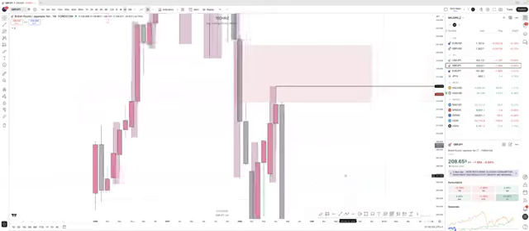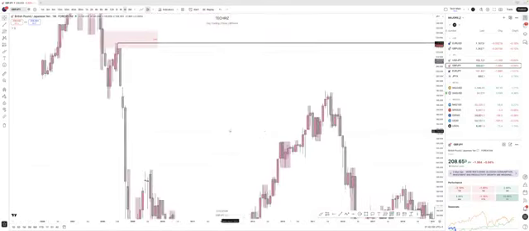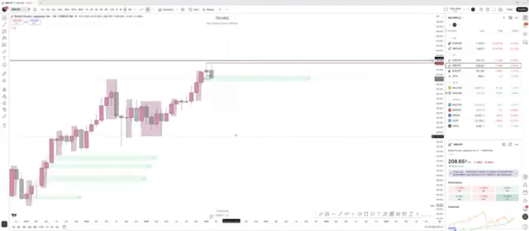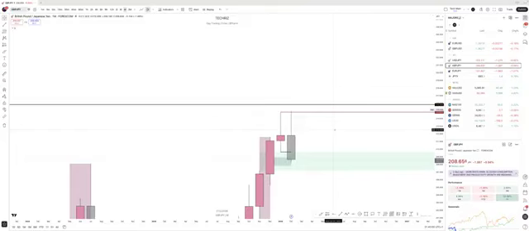I think it was a lady's voice I heard, and she said that on the monthly time frame, price has taken out the previous month's high on GBP JPY, which was around here.